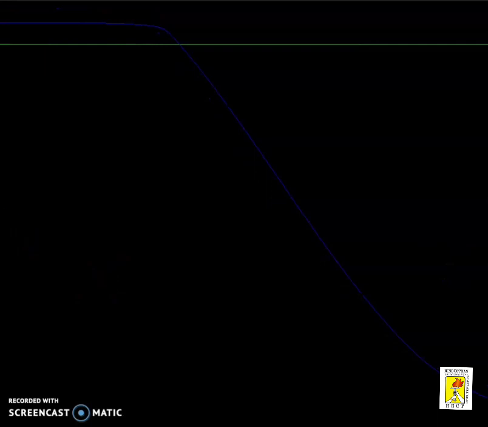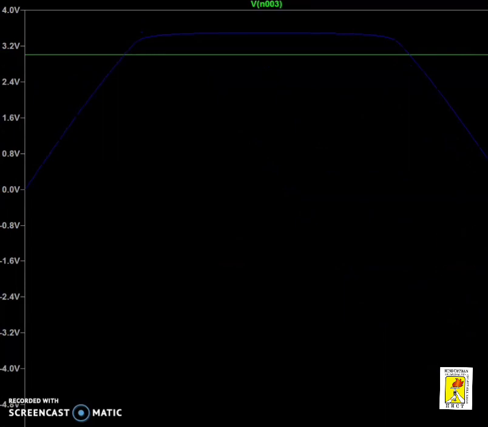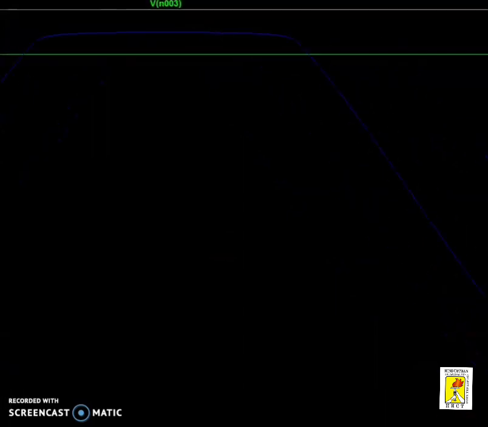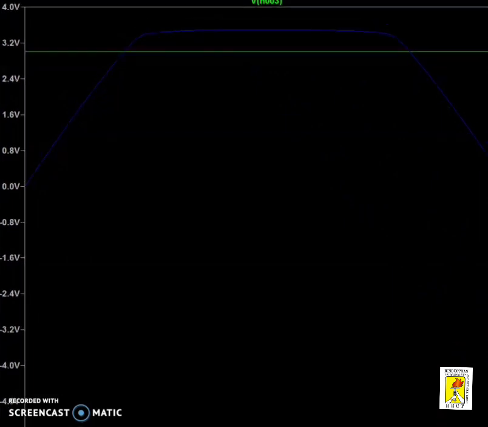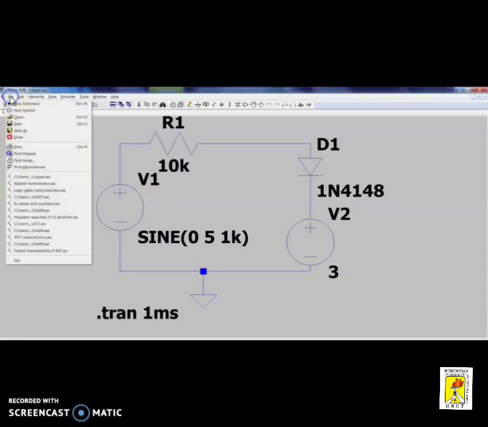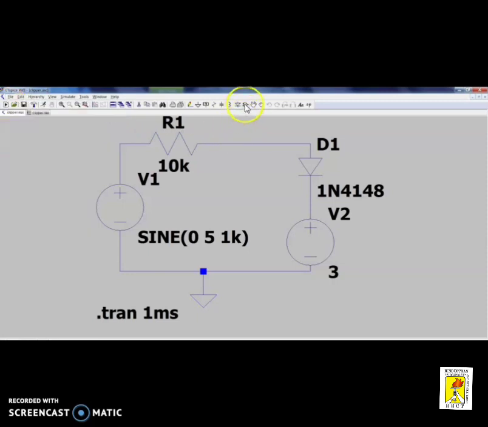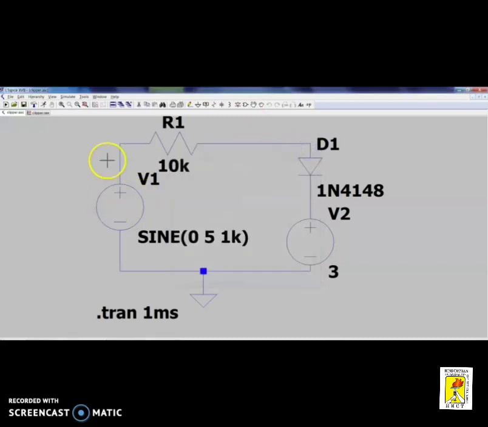Let us see the simulation. In LTSPICE, we open a new schematic and select the components. What components do I need to create a clipper circuit?